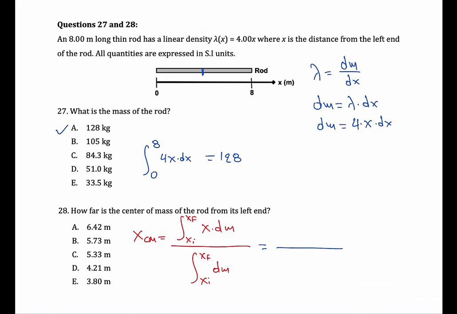Now, the bottom integral we have already calculated is 128 kilograms. The top integral is from x initial, so from 0 to 8, x times dm, so x times 4x dx, since the value of dm is 4x dx, and 4x times x is actually 4x squared, so 4x squared times dx.